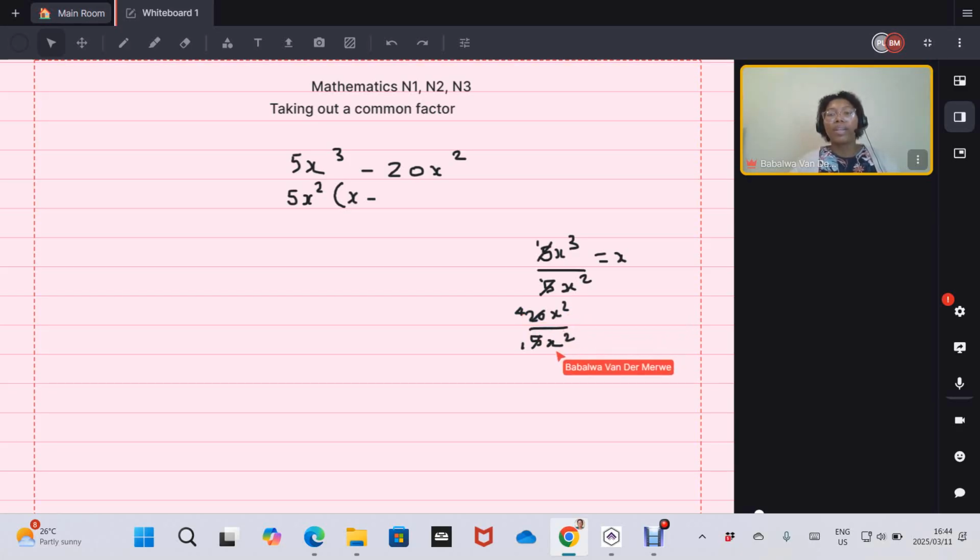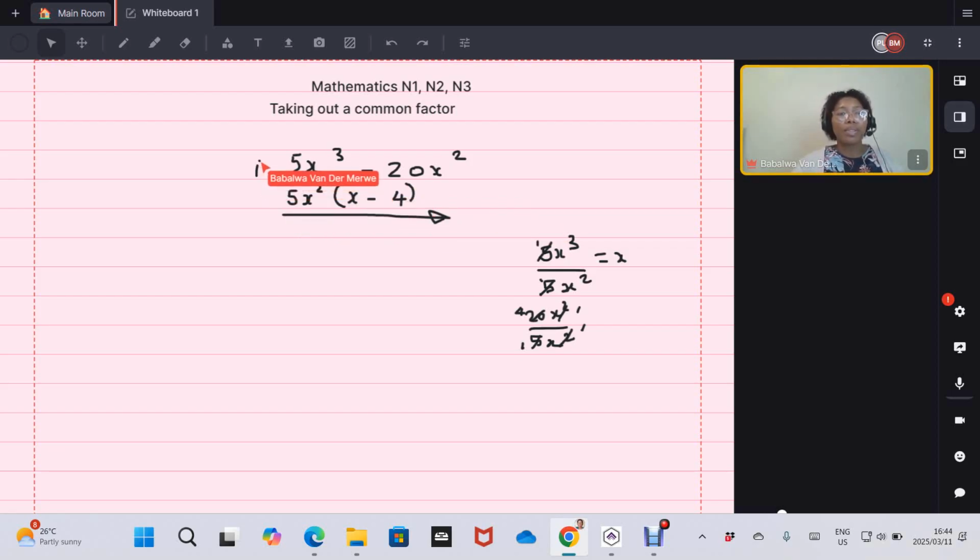Then x squared divided by x squared is 1. So we put a 4 over there. At this point, this becomes your answer because you can't simplify anymore. This was example number 1. Now let's look at the next example.